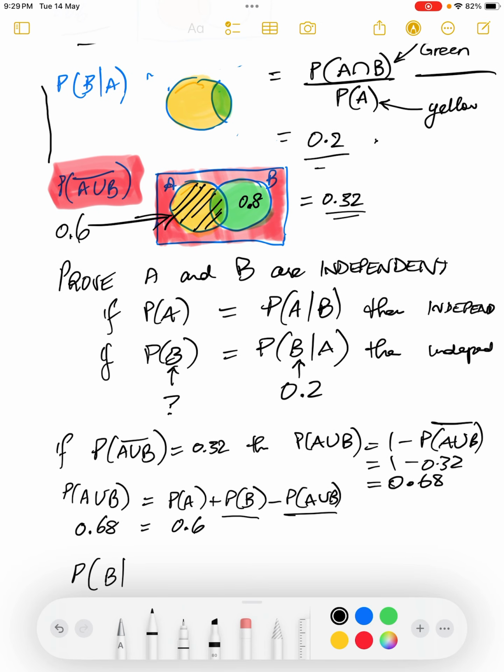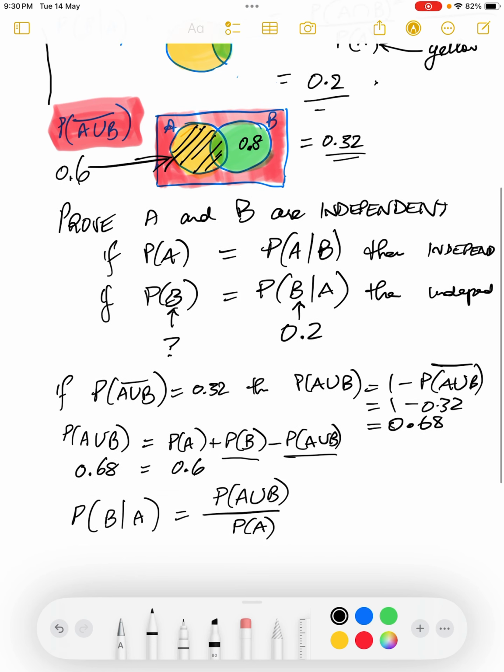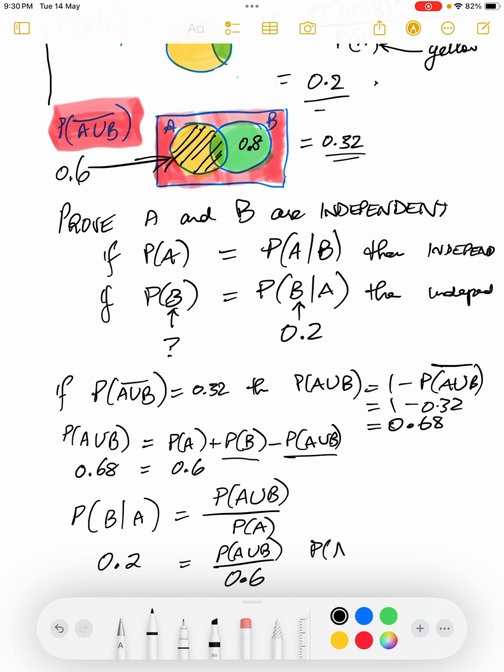The probability of B given A is the probability of A intersect B over the probability of A. So we know that that's 0.2. We know that A is 0.6, so therefore we can find the probability of A intersect B. The probability of A intersect B is 0.2 times 0.6, which is 0.12.